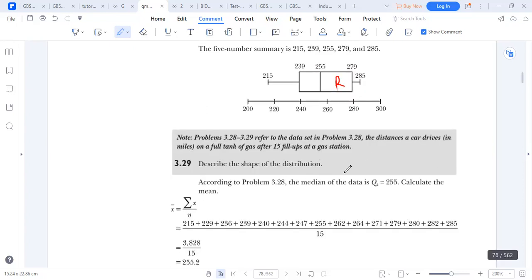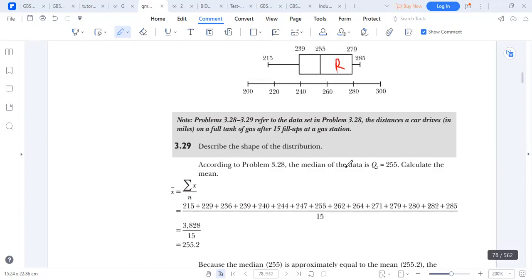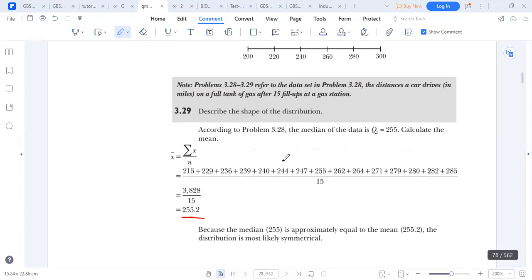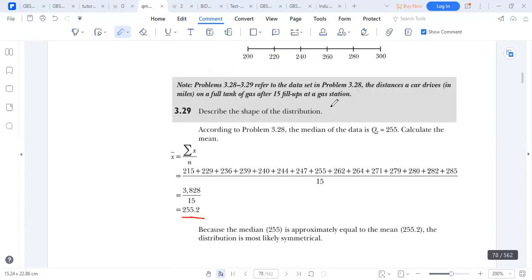However, this I can tell from looking myself. The mean is 255.2, and here the median is what? 255. So already it's almost normally distributed, but it is skewed to the right.